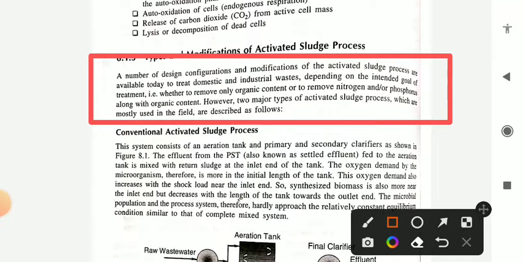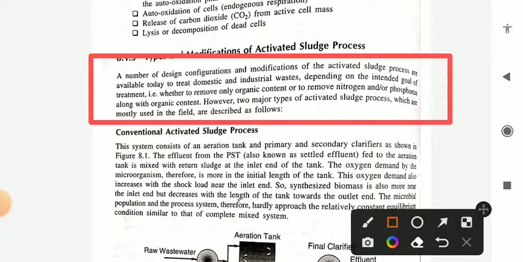So a number of design configurations and modifications of the activated sludge process are available today to treat domestic and industrial waste, depending on the intended goal of the treatment, whether to remove only organic contents or to remove nitrogen or phosphorus along with the organic content.